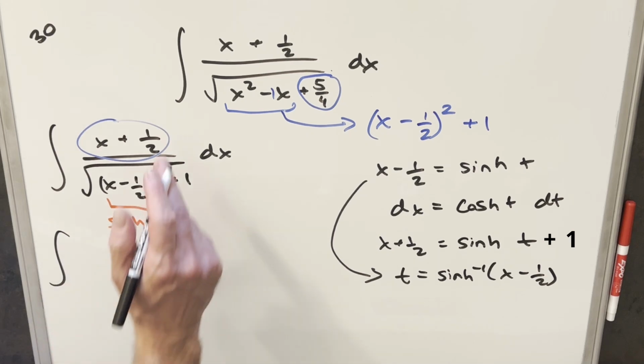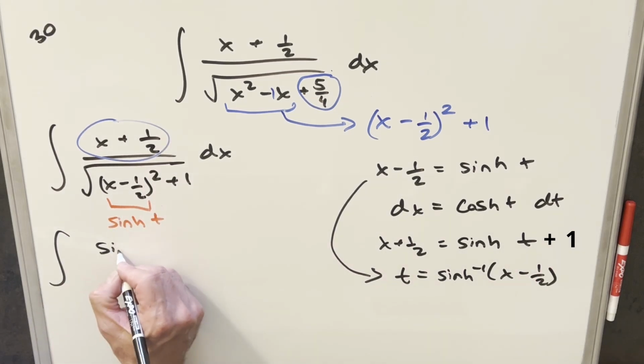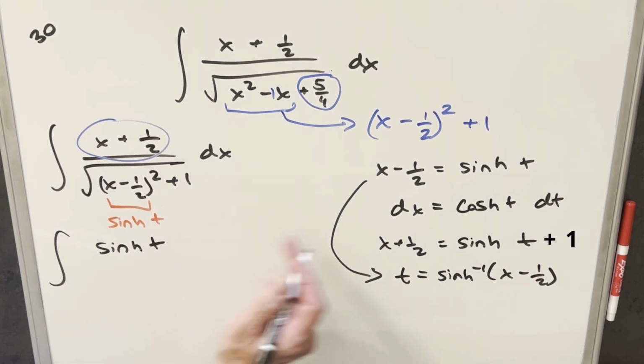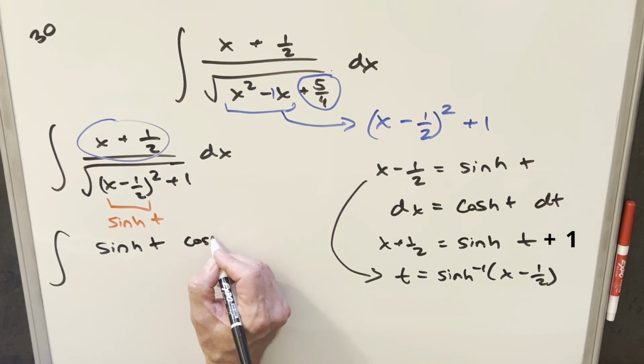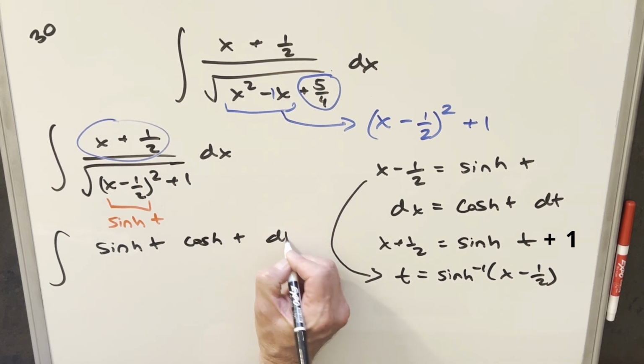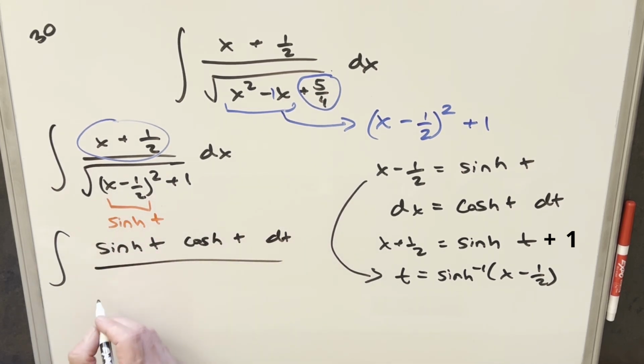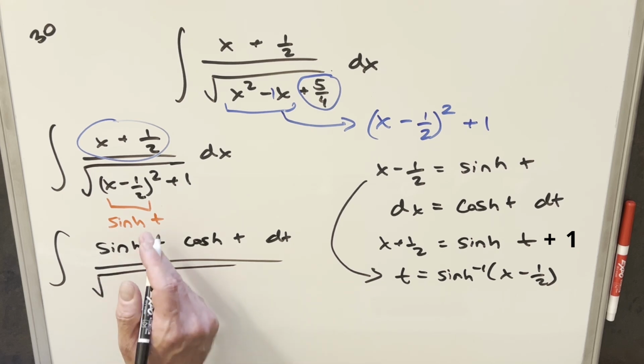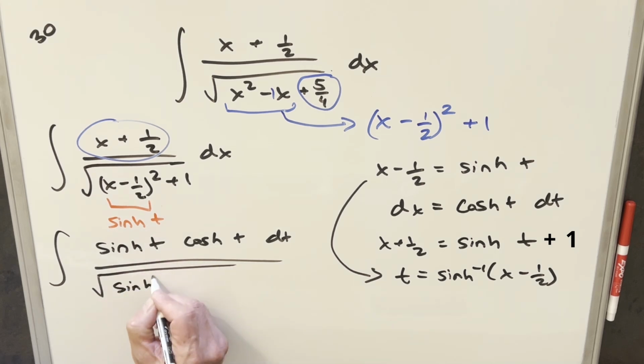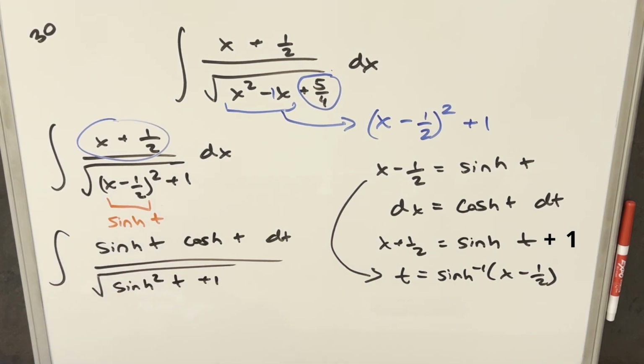So now we'll just substitute. We have this value here, so this is going to be sinh t. dx is going to be cosh t dt. Then for all this stuff under the root, this is going to transform into sinh squared t plus 1. But here we can use another identity. This is the same thing as cosh squared of t inside the square root.